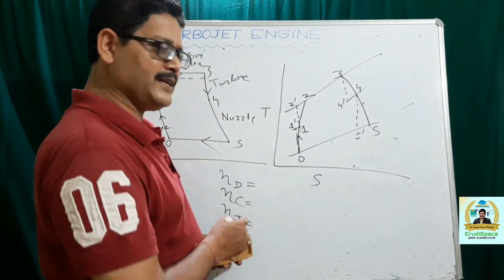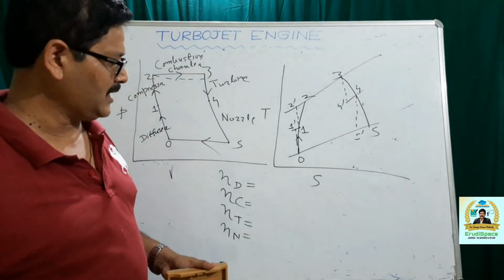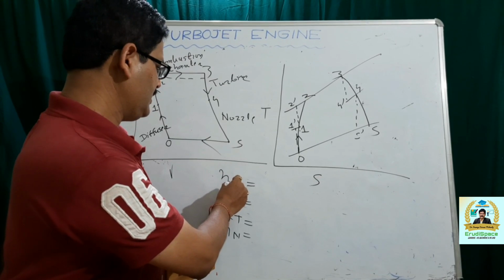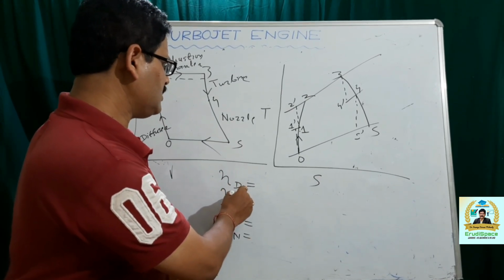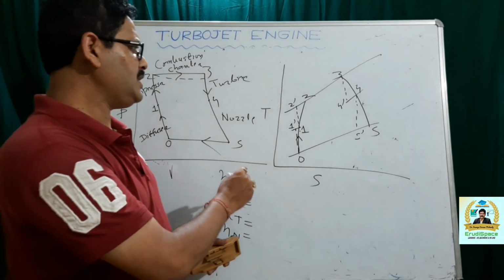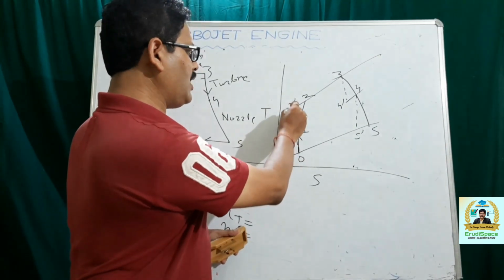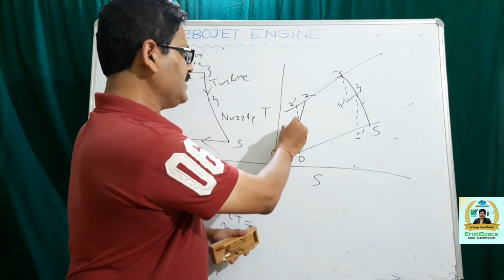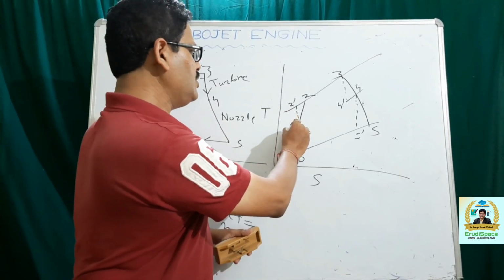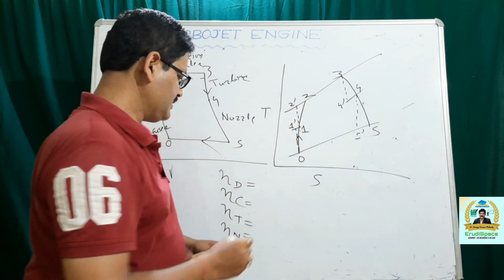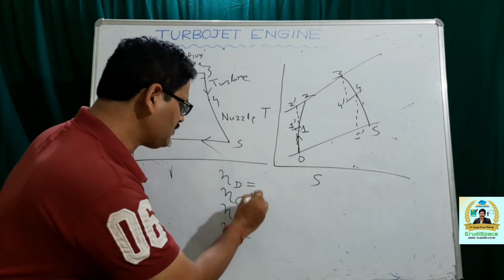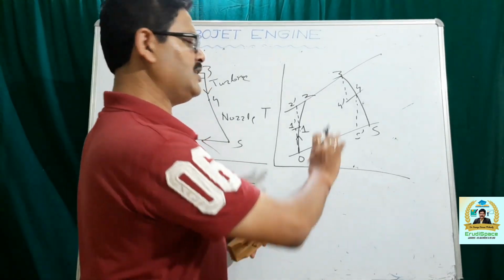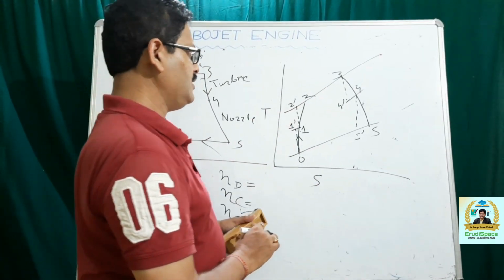Just let me give a simple example, other things you can yourself do. Suppose you have to find out the efficiency of the compression. So here it will be the ratio of the ideal isentropic enthalpy change to the actual one. Similarly, if you have to find out for turbine, it is just the reverse.